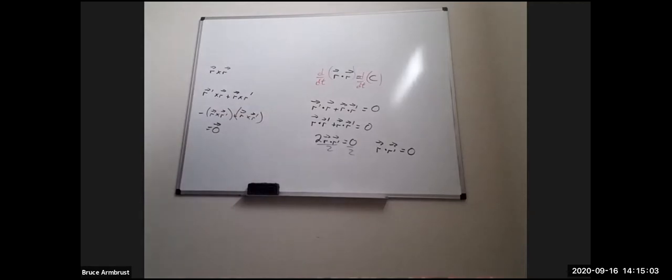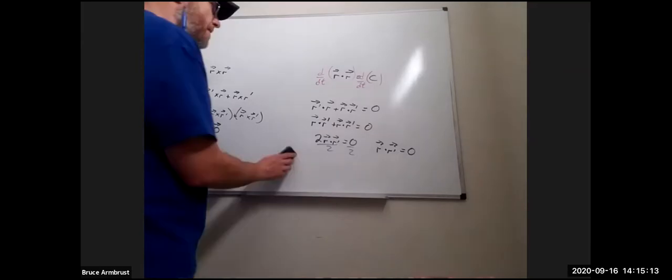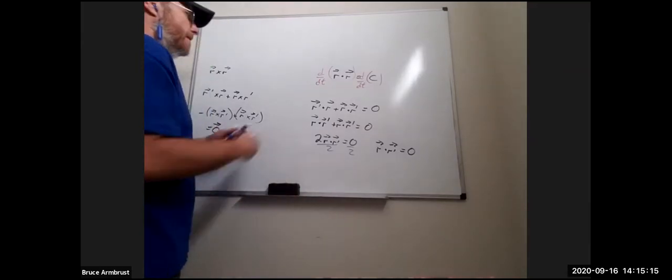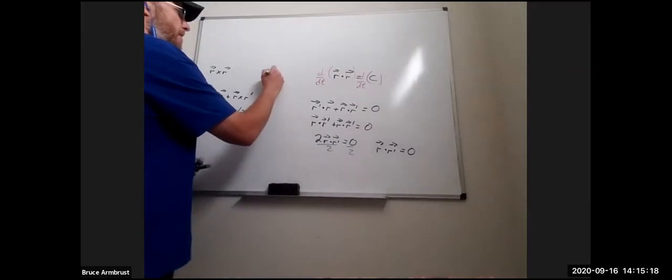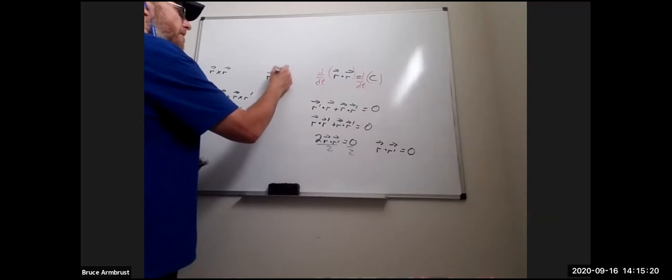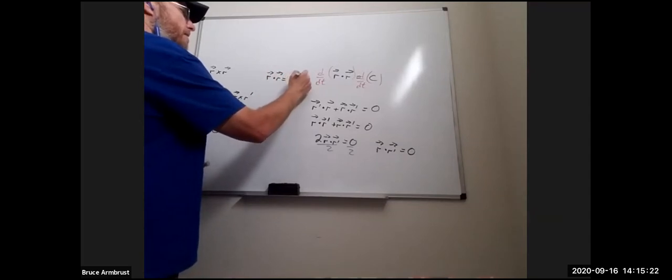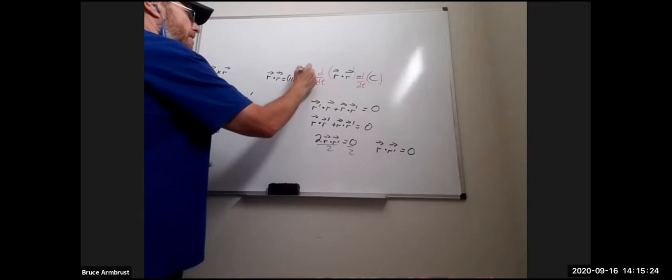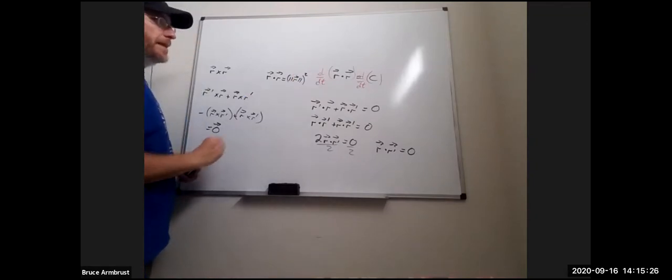What r dot r gives you is actually the magnitude of r squared. So again, I don't know if you remember this, but it's probably worth mentioning. When you take r dotted with r, you get the square of the magnitude.